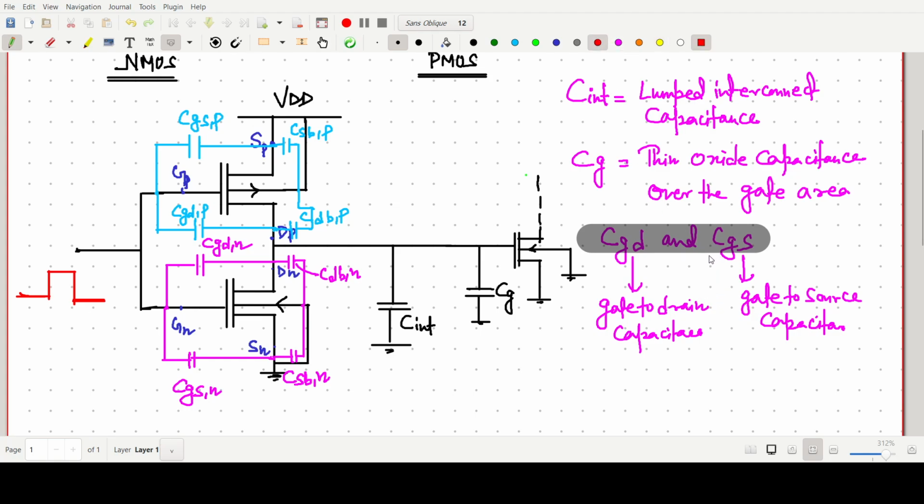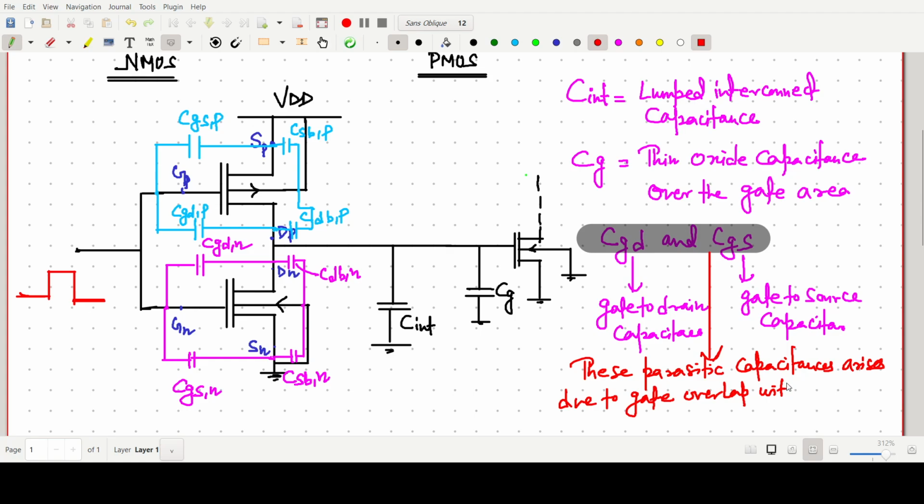We can write it: these parasitic capacitances arise due to gate overlap with diffusion. Okay, CGS, CGD.